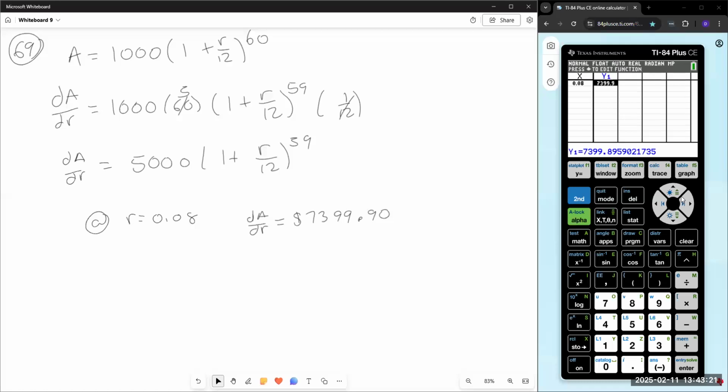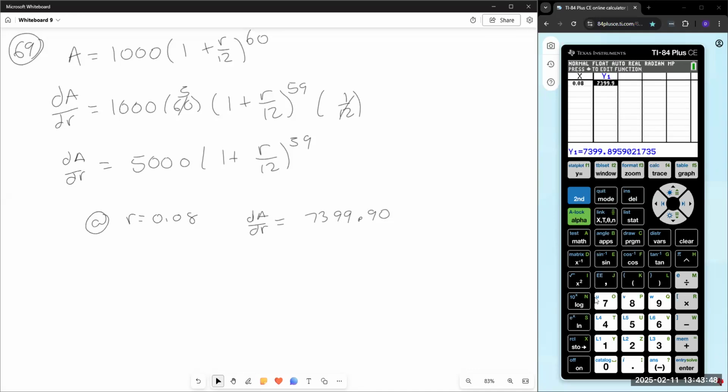So I guess I shouldn't put a unit on there, but the A is in dollars and R is in whatever it is. I'm not going to say percentage points because it's written as a decimal.